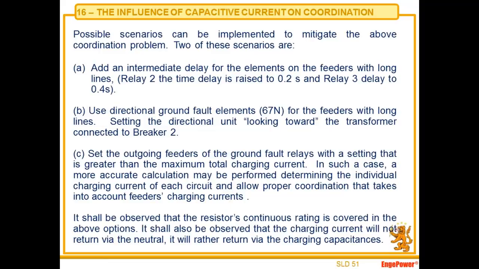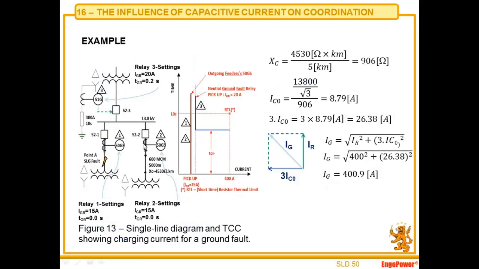What are the solutions? Add an intermediate delay for the elements on the feeders with long lines, but this also increases the neutral relay delay. You may use directional ground fault relays, because here the fault will be in the opposite direction, not towards the load, but towards the source.